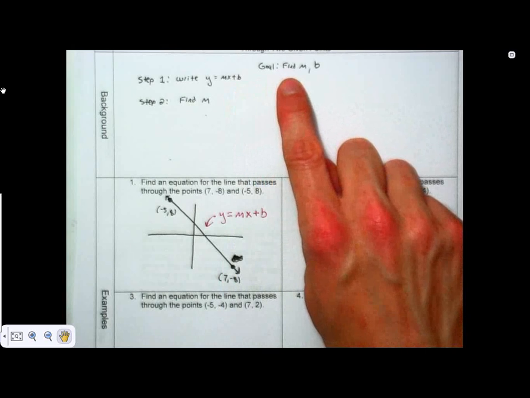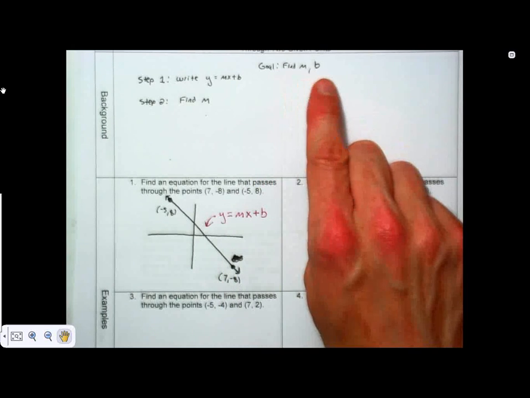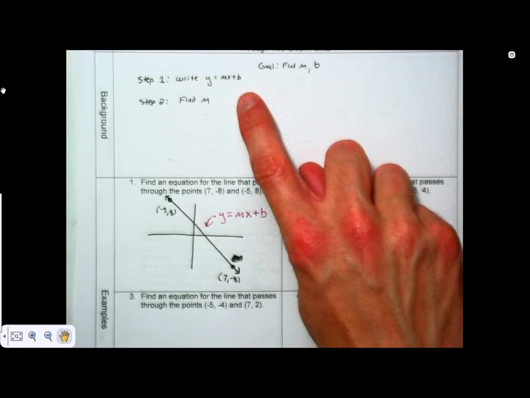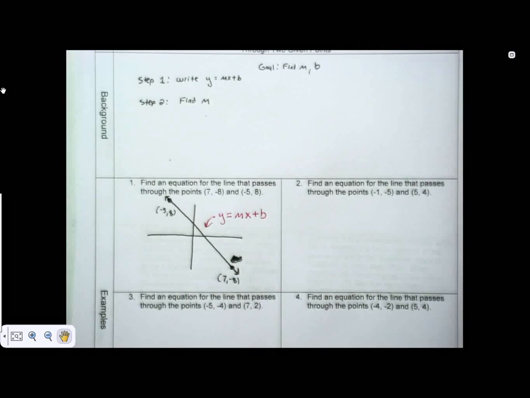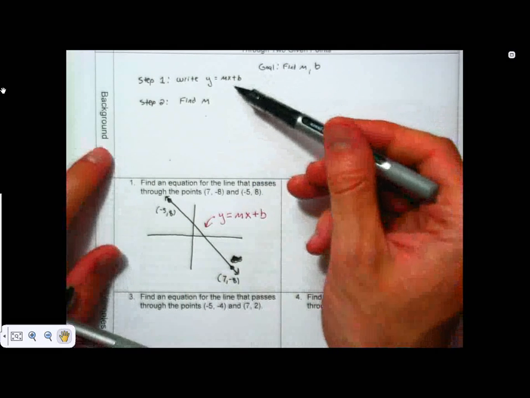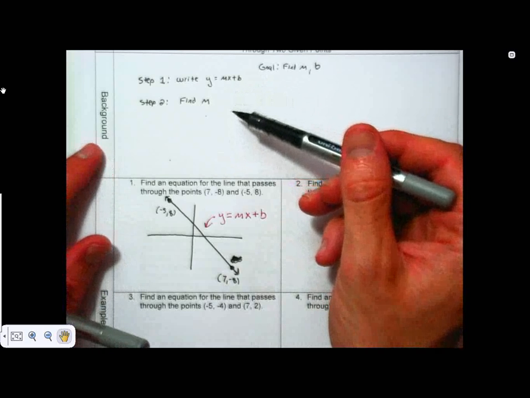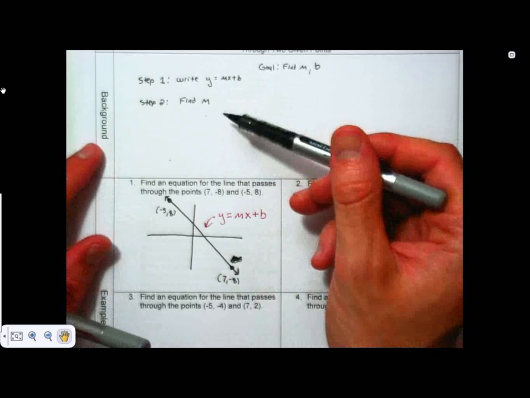Really my goal is to figure out what m is and what b is. If I can figure those two things out and plug them in, I'm done, because y and x just stay as y and x. They stay as variables. So the first step in the process is just to write out y = mx + b, because again, any line's equation can be put in this form.